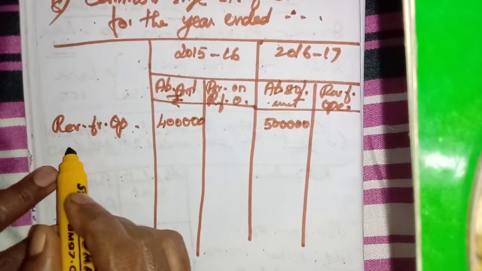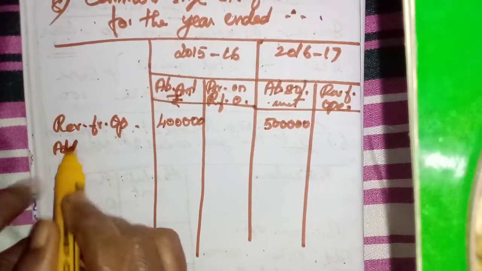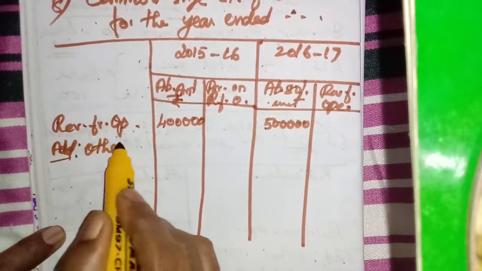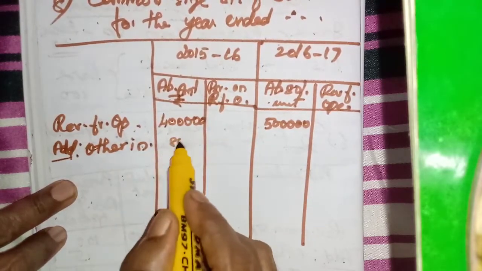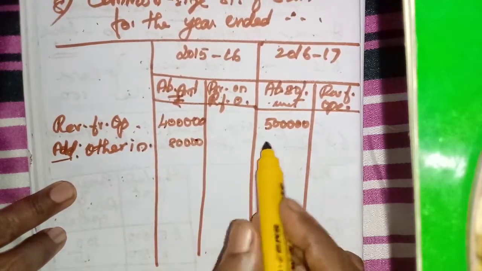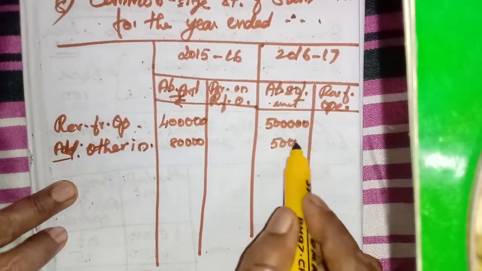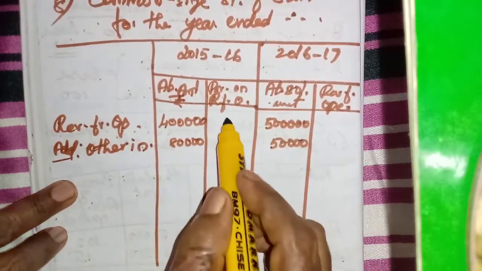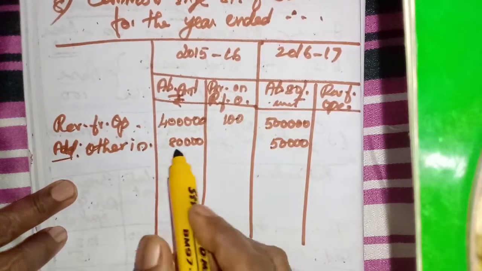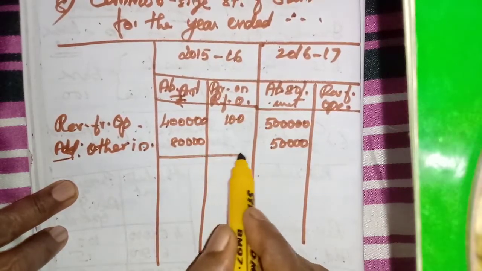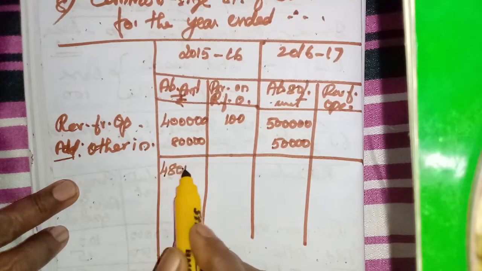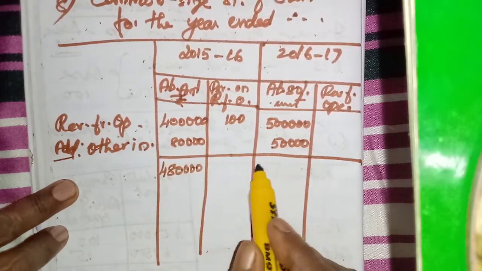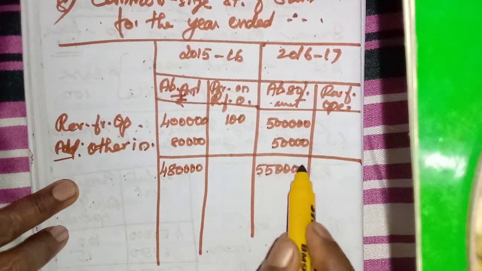From operation, add other income. 80,000, 50,000. Okay, here this is 100, isn't it? Now we need to calculate. 4,80,000, 5,50,000.